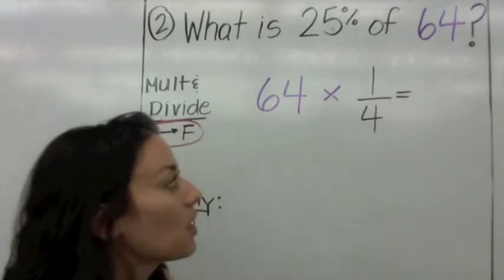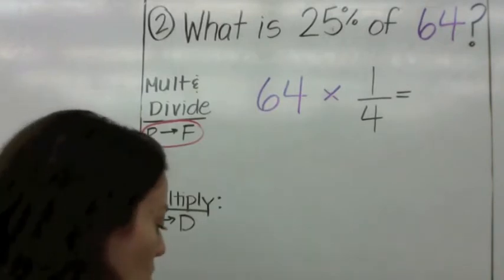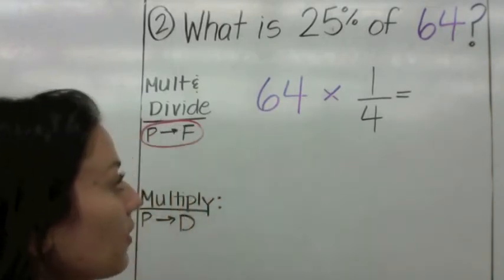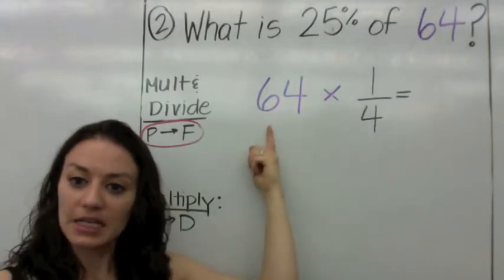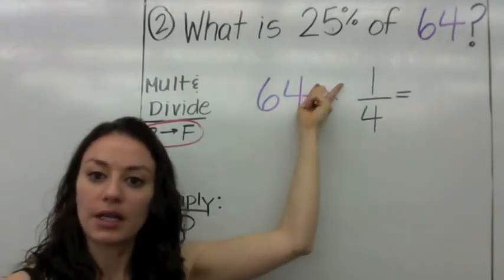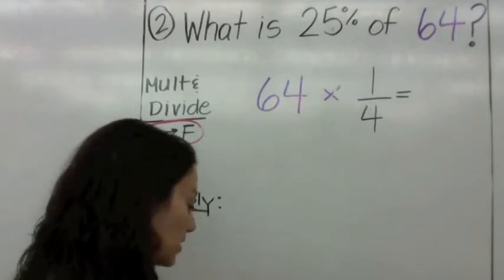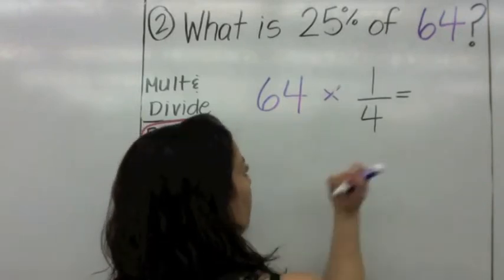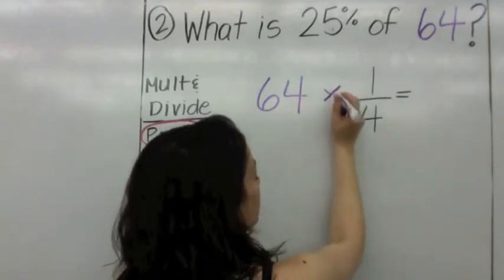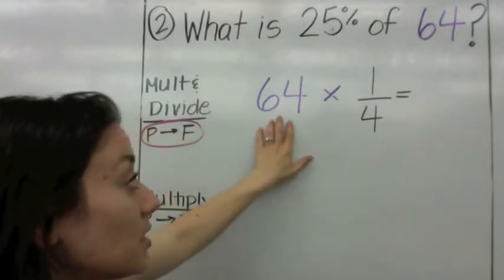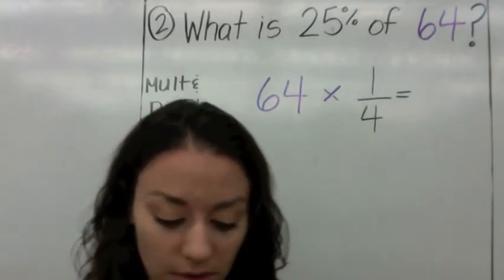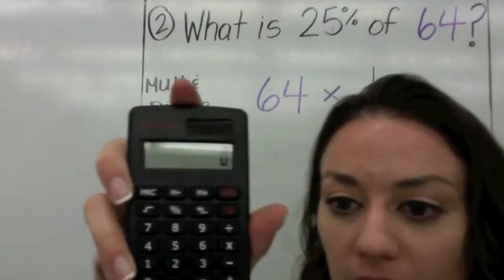So on your calculator, you can look at it 2 ways. This is saying 64 times 1 divided by 4. So you can either do 64 times 1 divided by 4, or since 64 times 1 is 64, you could just divide by 4.